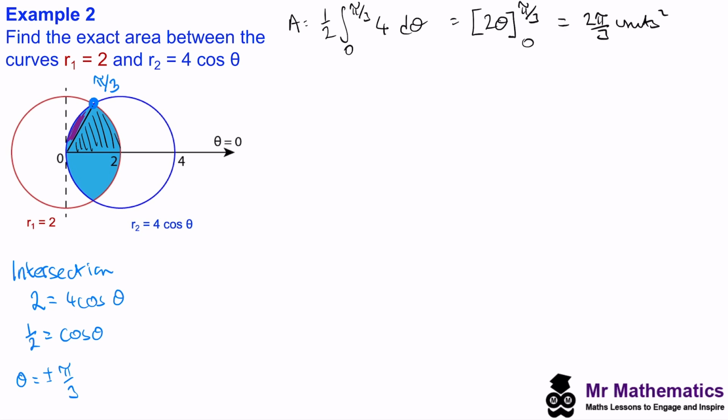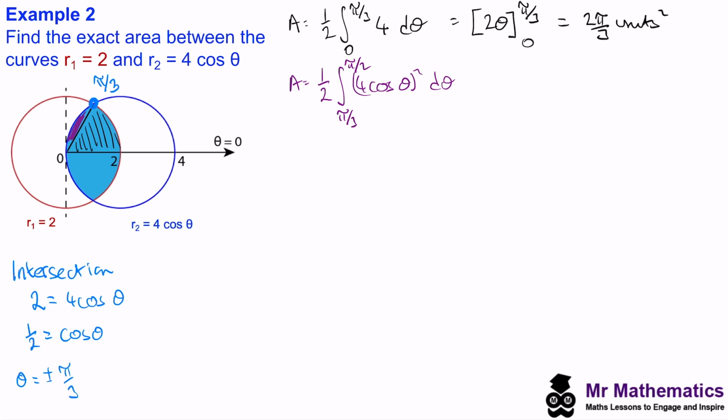So now we need to look at the purple area, and this will be 1/2 times the integral of 4 cos theta squared d theta. But now our limits are from pi over 3 to pi over 2. So we're looking at everything enclosed within the circle from pi over 3 to pi over 2.